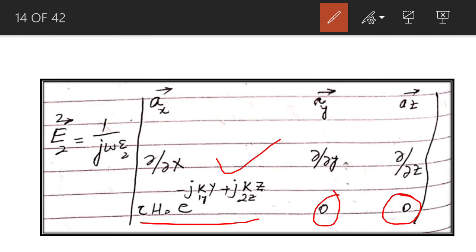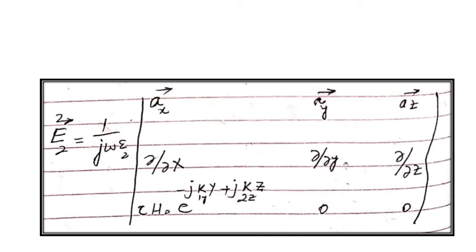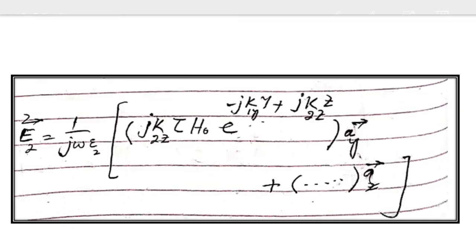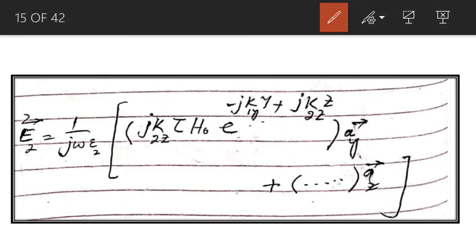So we expand this determinant and then we rearrange the right hand side of this particular equation. If we do it, we will get two components of the electric field intensity in medium number 2. One component will be along y-axis and the other component will be along z-axis. The component which is along z-axis is normal to the interface. We are not interested in the normal component of E2.